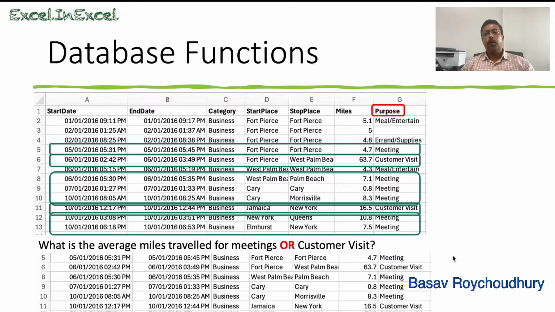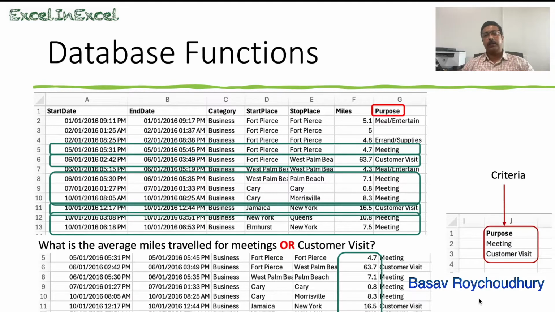Now therefore, what we would have is we are going to look at this particular column, again like before, the miles. So we are going to look at this miles column and average it out for those records which satisfy this condition. Now our criteria would look like this.